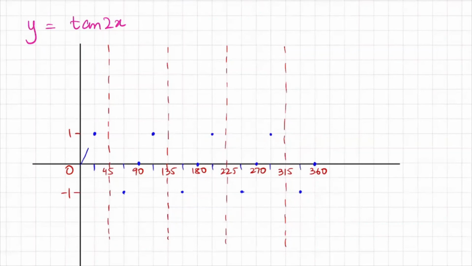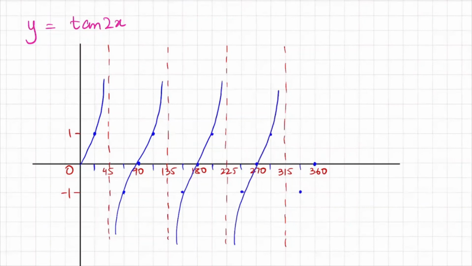Okay, let's join them. First one, second one, third one, fourth one, and the last one. Something happened to the last one. Okay, so this is the graph of y equals tan 2x.